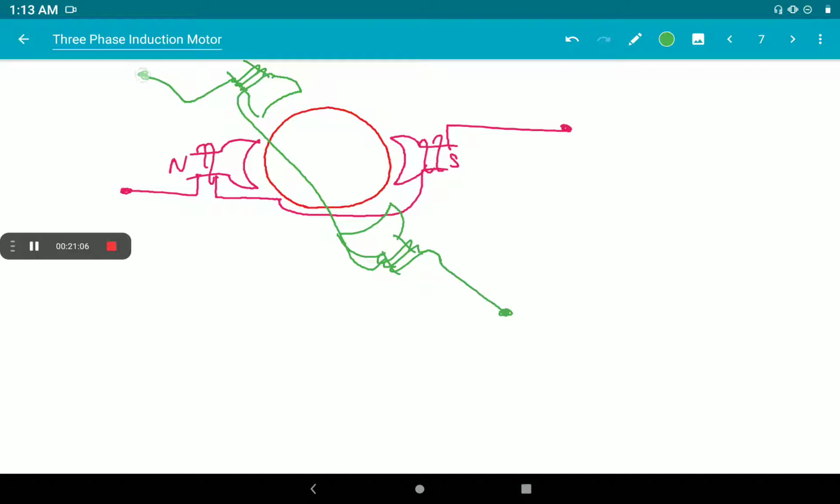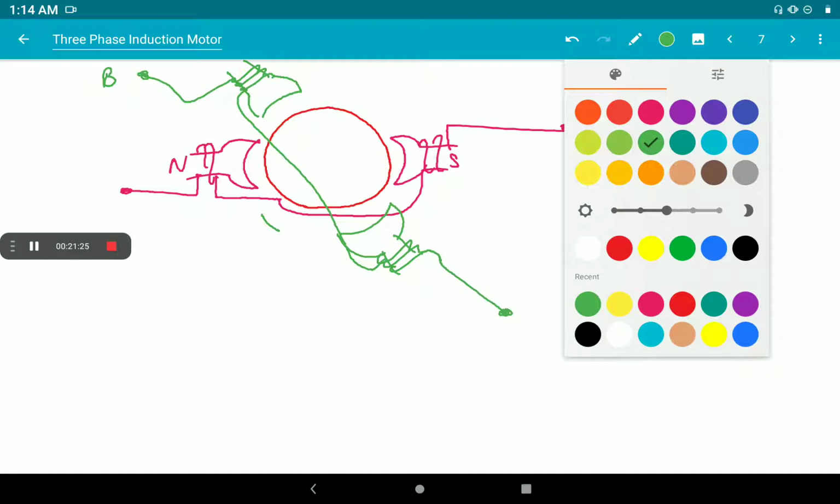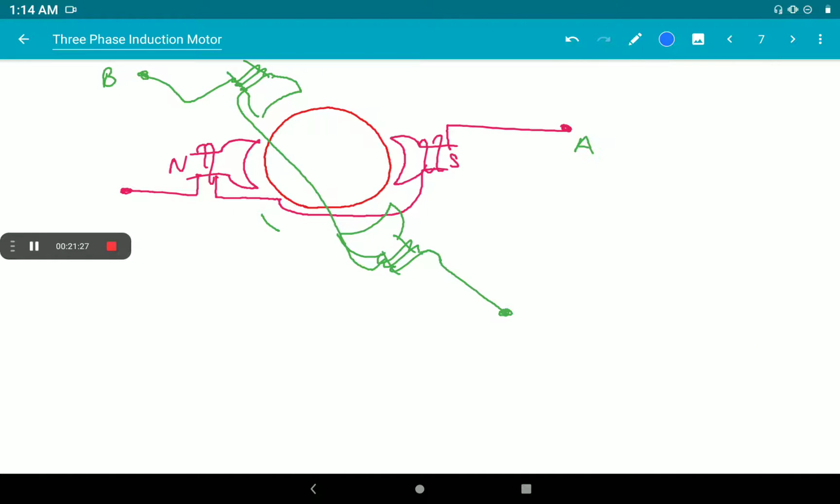Now this is A and this is B, and the next coil is A, B and C. Coil C will be wound on 120-degree phase difference apart.